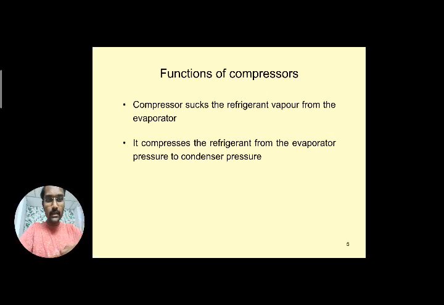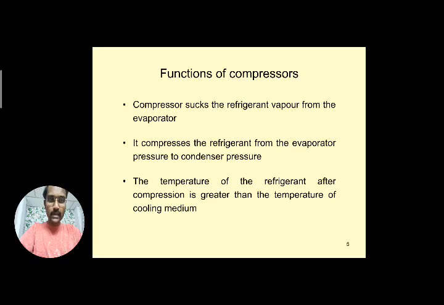Then, after the completion of this first function, the next function of the compressor is, whatever vapor refrigerant entered into the compressor, it compresses the refrigerant. Just remember that second point: it compresses the refrigerant in the compressor.